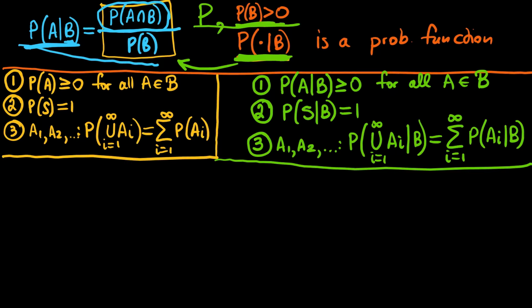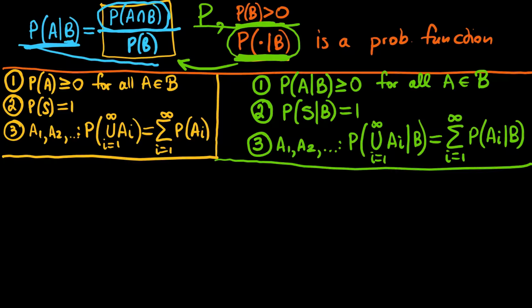So we want to show that these three conditions in green hold. If they do, we'll say that this candidate function here is a probability function.